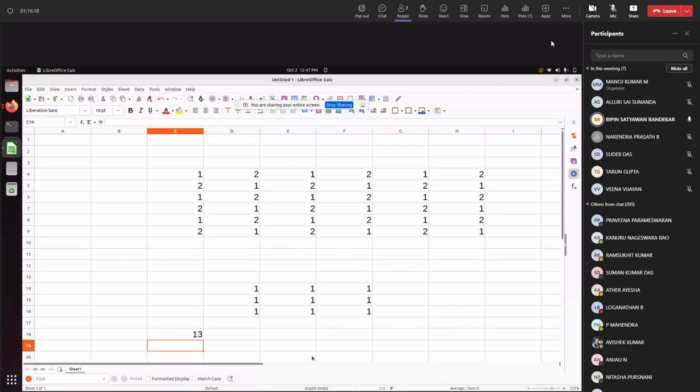So this is the answer in case of dilation 1. This is well understood? Yes. Similarly, I think you can just copy paste this.